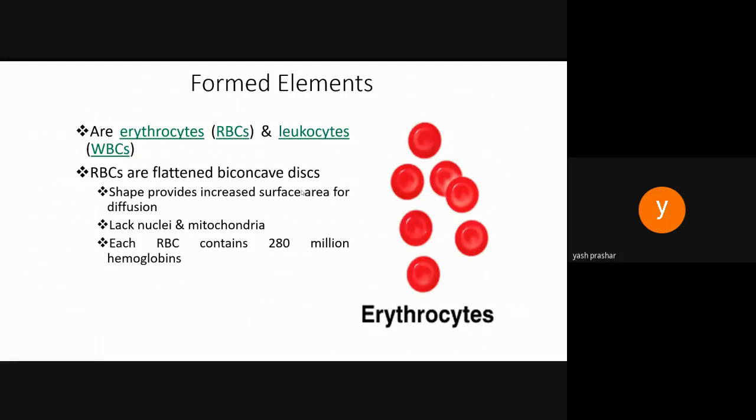RBCs are flattened biconcave discs, and they provide increased surface area for diffusion. Lacking nuclei and mitochondria is a very good thing, because that helps in achieving maximum gaseous exchange. Each RBC also contains 280 million hemoglobin units.